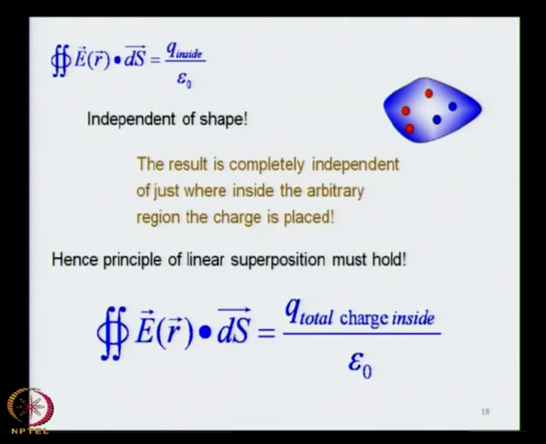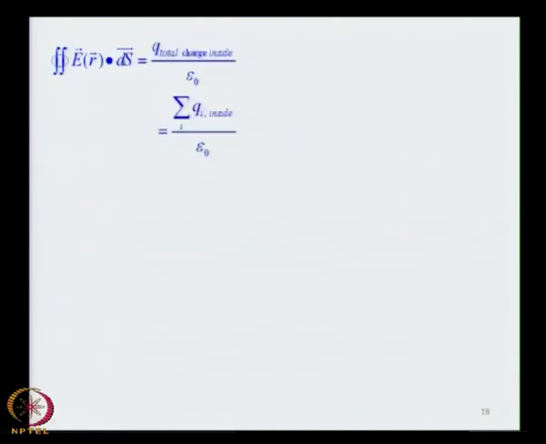So, all you are getting is that the surface integral of E dot ds is equal to 1 over epsilon 0, the electric permittivity of free space, in the denominator, and in the numerator you must have the total charge which is inside that surface. The total charge inside the surface you can write as a sum of all the charges inside, or the charges inside could be smeared out in space.